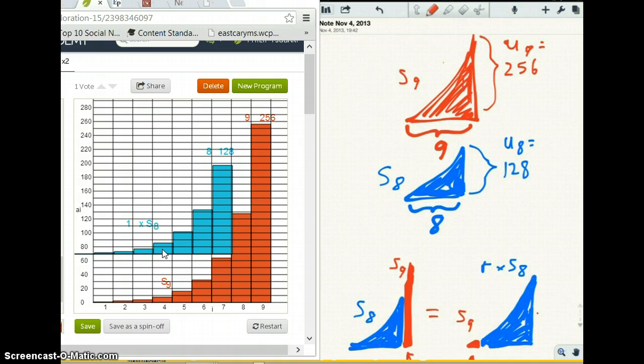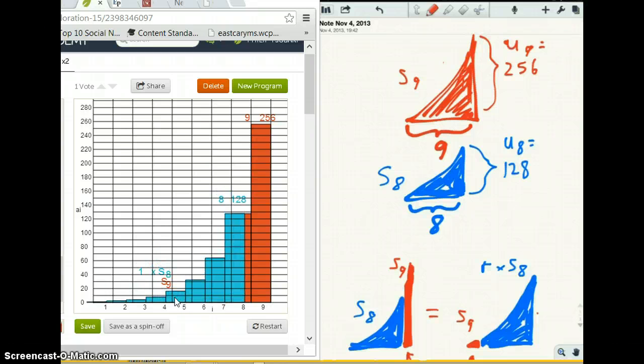So I'm going to use the fact that multiplying this blue one by the common ratio, which is 2, I can make it into a later version of itself to figure out what the formula for the geometric sum is.